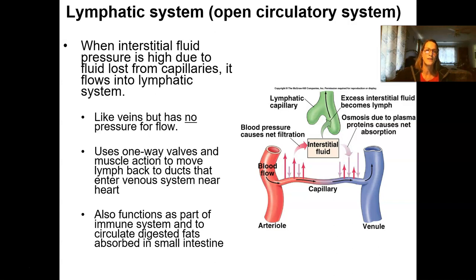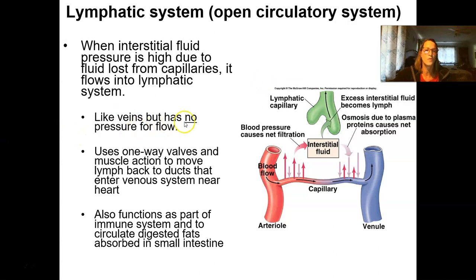The lymphatic system picks up the extra interstitial fluid that is created when capillaries have higher blood pressure than the interstitial fluid, and there is a net loss of water from the capillaries into the interstitial fluid. The lymphatic system is going to pick that up and return it to the cardiovascular system.